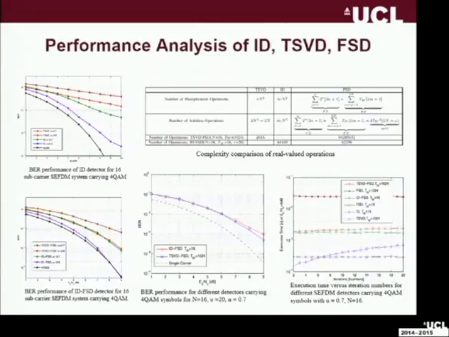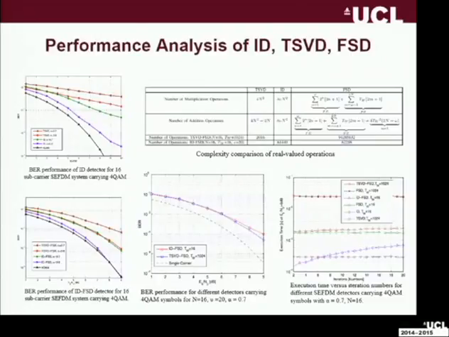So the first two figures on the left-hand side compare iterative detection to TSVD as well as the hybrid version. And then here you can see the complexity. I think the most relevant one here would be this one. You can see that in terms of bit error rate performance, they're almost the same.